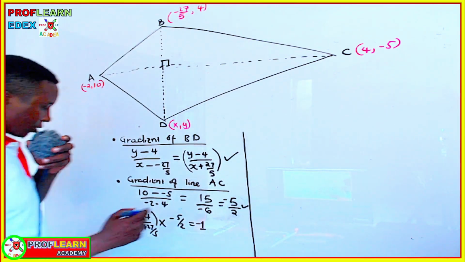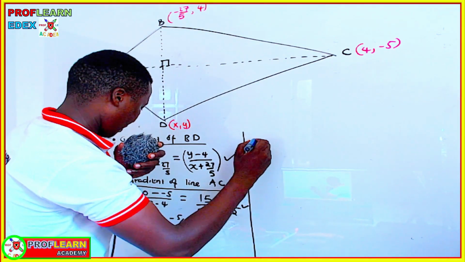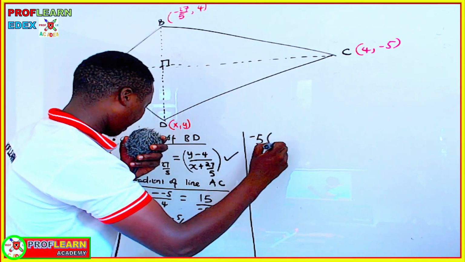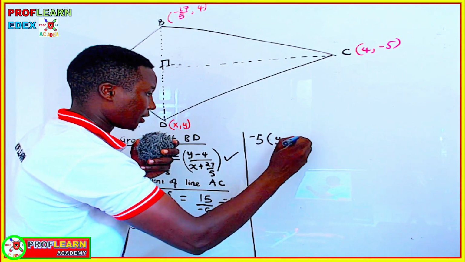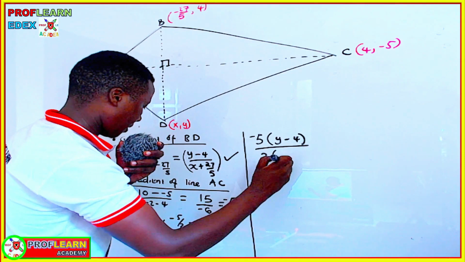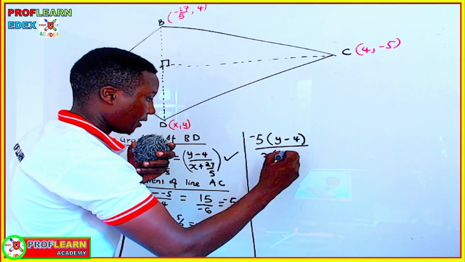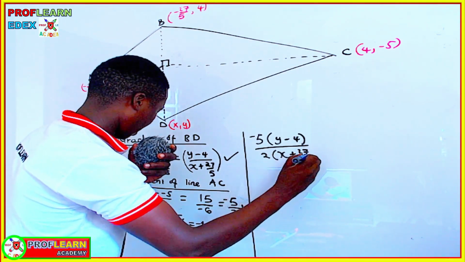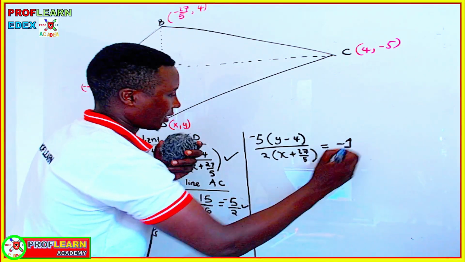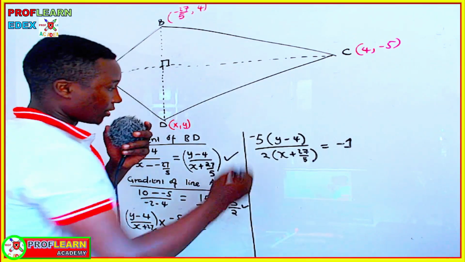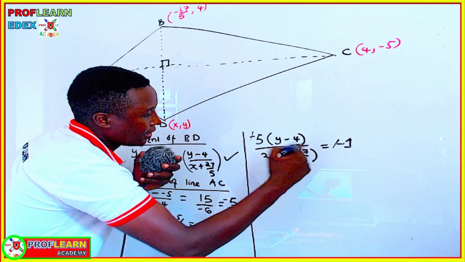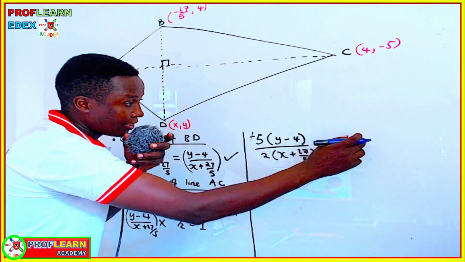This times this is going to give us minus 5 into bracket y minus 4 over 2 into bracket x plus 27 over 5 equals negative 1. Negative and negative cancel out, and then we can multiply the whole denominator here on the other side.